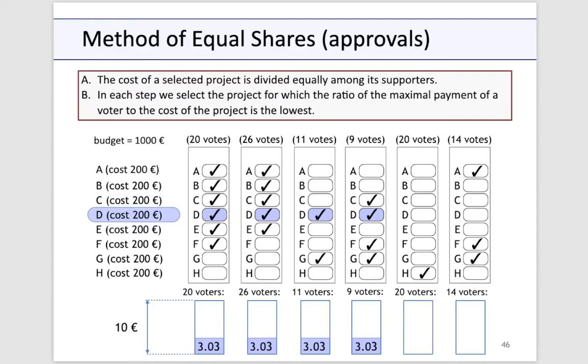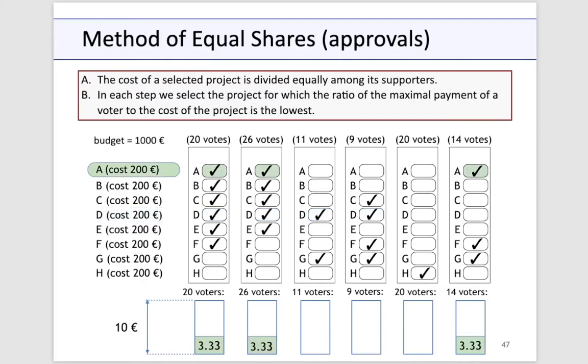We try to distribute its cost among the voters who voted for this project. For example, let's have a look at project D. There were 66 voters who approved this project. The cost of this project is 200. So this means that if we distribute it equally among the voters, each of them would need to pay roughly 3 euros for this project, if it were selected.